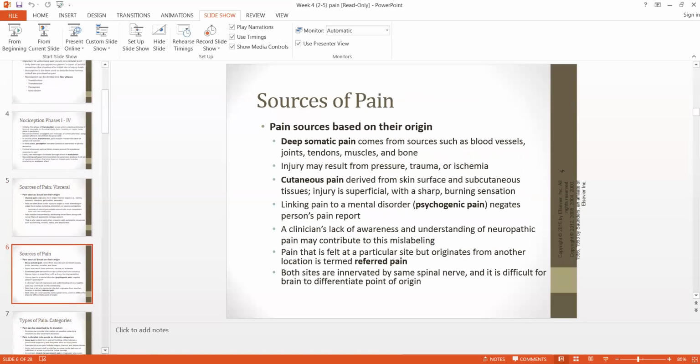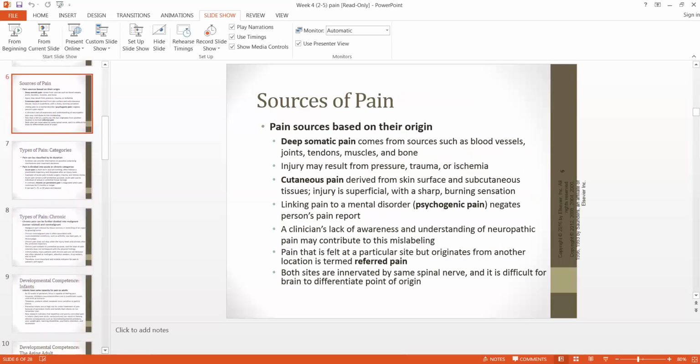The next slide is more sources of pain, and that is the deep somatic. So we have the organ pain, the visceral pain, and this is pain from blood vessels. It's hard to think that a blood vessel would feel pain, but your aorta is going to feel pain. It's a blood vessel. Our joints, our tendons, bones, and muscles, the musculoskeletal sort of deep somatic pain. Pain from pressure, trauma, or ischemia.